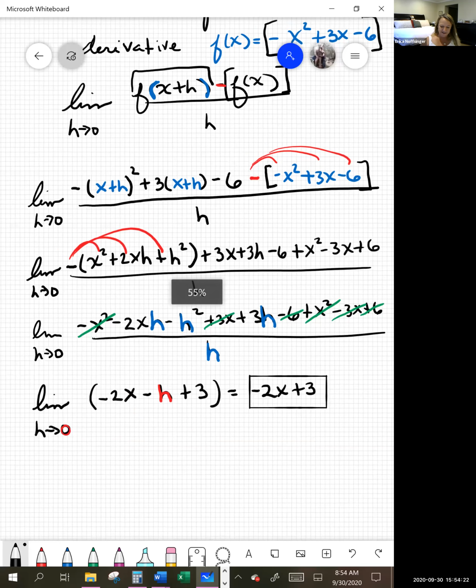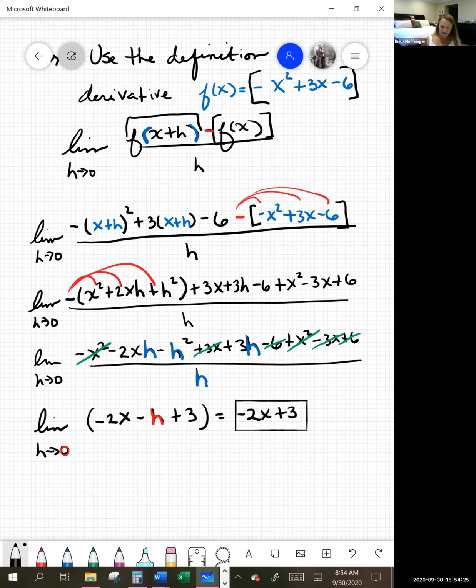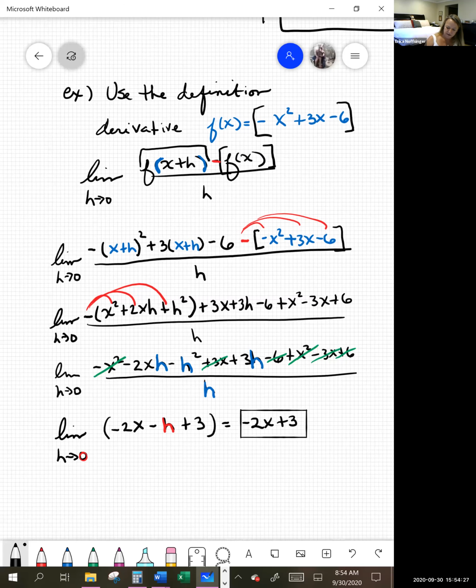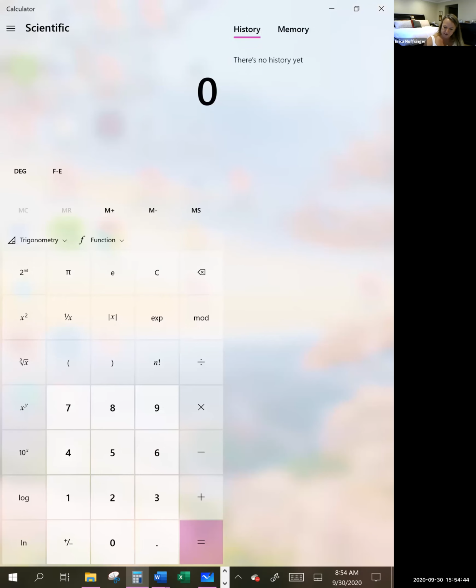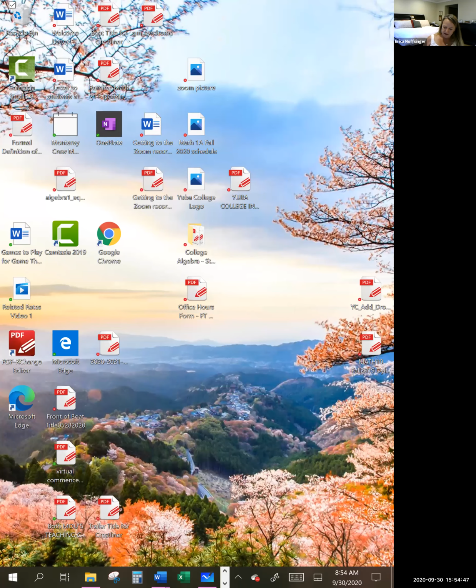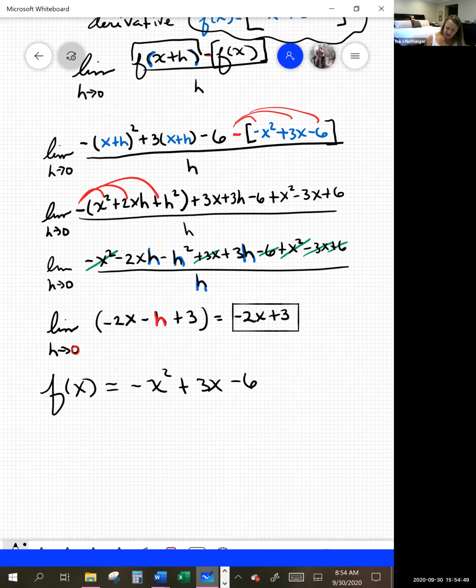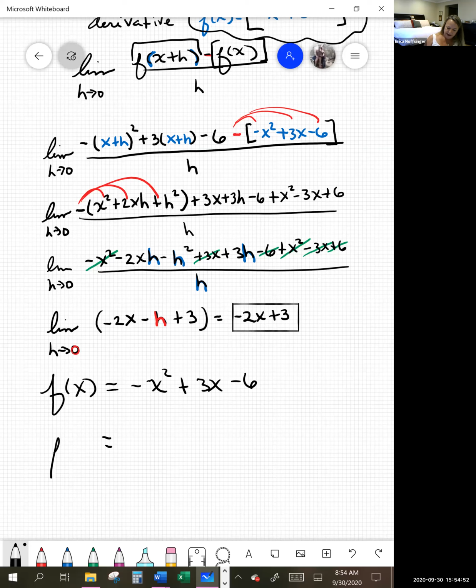Okay, so now looking at our original and using our general power rule, if f of x equals negative x squared plus 3x minus 6, our general power rule says bring our power down front. Bringing our power down front, we have that negative still, 2, and subtract 1 from our power.